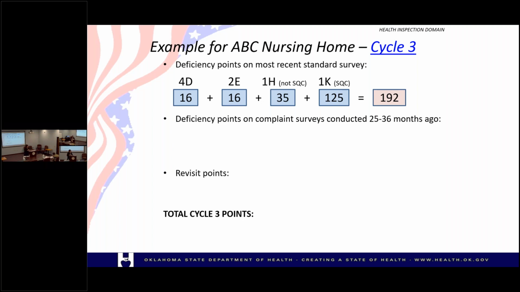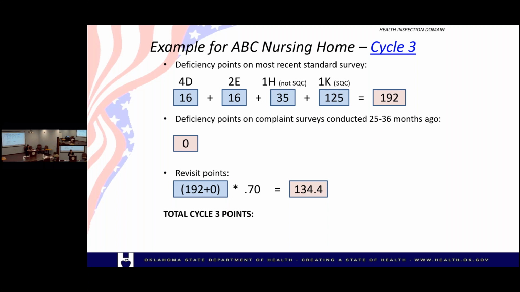And then they did not have any complaint investigations for the period of 25 to 36 months. So it's 0 points for complaints. So we're going to add the standard survey points and the complaint survey points. And since it's the third cycle or the third year, it gets calculated by 0.70.